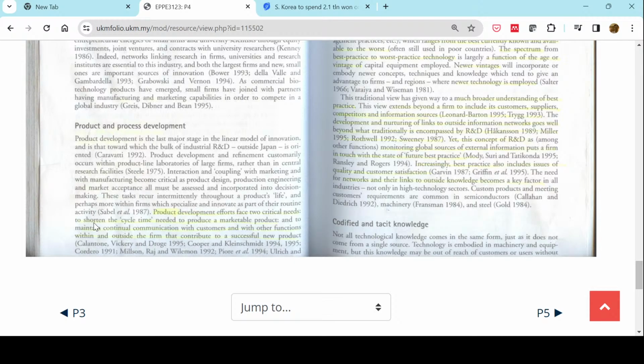They want to shorten to less than a year, 6 months. So every 6 months, but usually every year. This is the normal, because it's costly to offer a new model every 6 months.